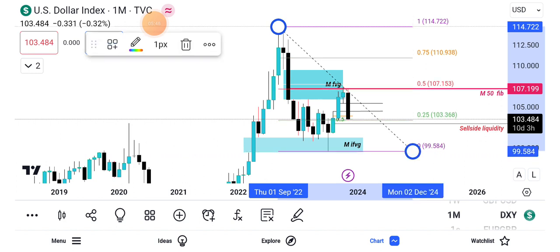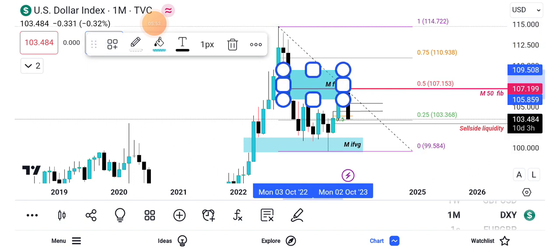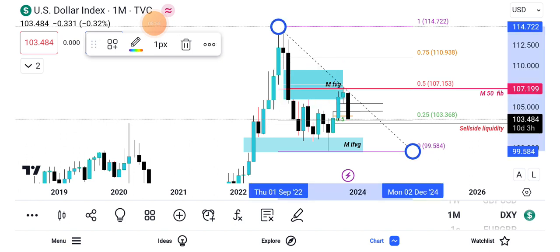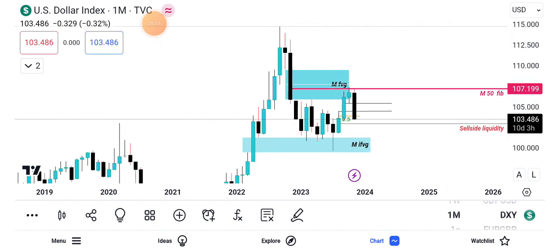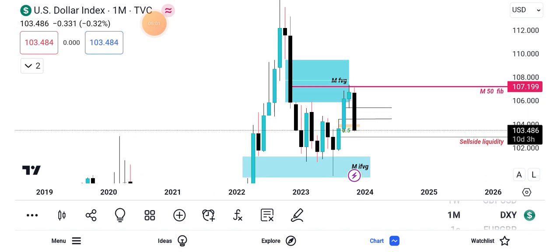The price is average, so you can see there. And whatever is above, around this zone, we have that monthly fair value gap. So it was a key level for us, and we were expecting to see the market retrace into it, but that didn't happen.